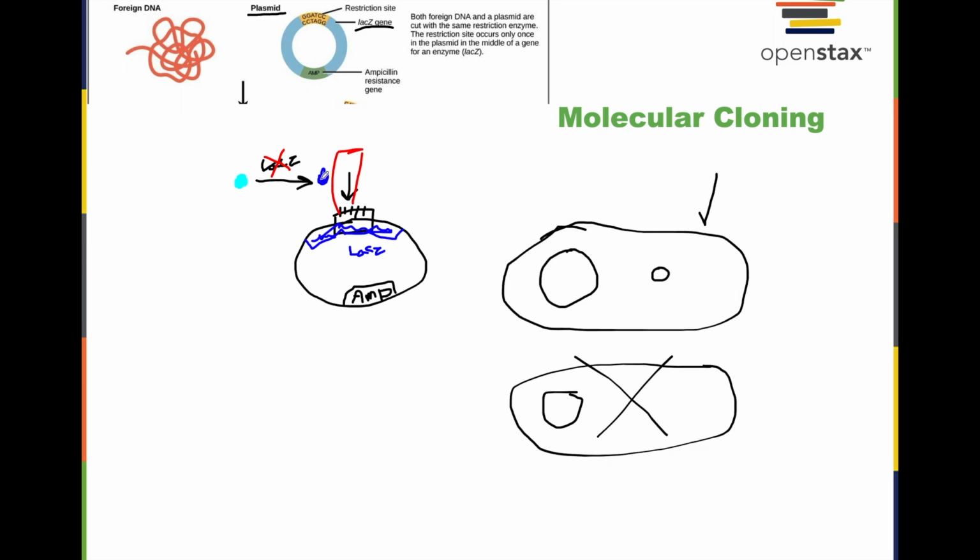So if you have a combination of bacteria, the ones that have a plasmid that has the insert in it, they're not going to be blue. You'll see, again, I'll show you as we pass through the slides.